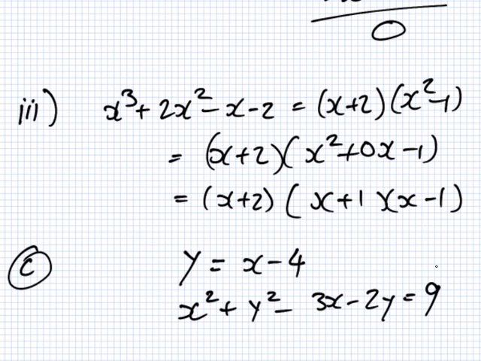Now, this one I'll do, but before I do it, I just want to say, technically, it's not a quadratic. Why is the second one technically not a quadratic? I mean, what does a quadratic mean? It means x squared.